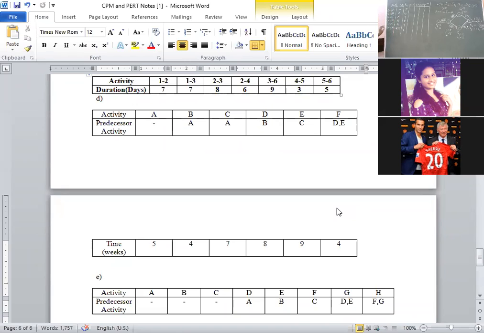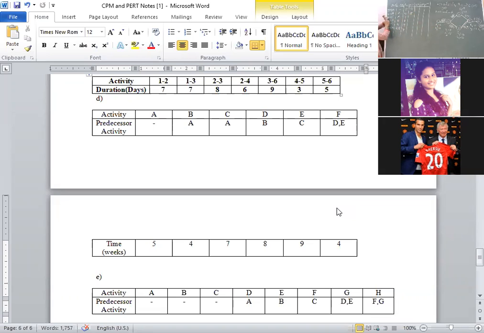Now, we have to compute earliest start. You know, earliest start is nothing but I. This is nothing but I, this is nothing but j. I to j. Earliest start E1: from the network diagram, what is the E1 value? It is 0. Next, the start node is 2. From the network diagram, what is the E2 value? 5.